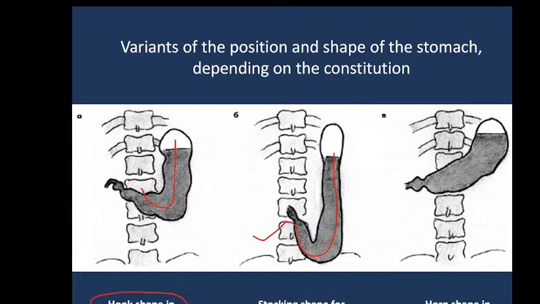This is the stomach shape for asthenics, and a horn shape for the third type of body type, somatotype, called hypersthenics. So it really looks like a horn.